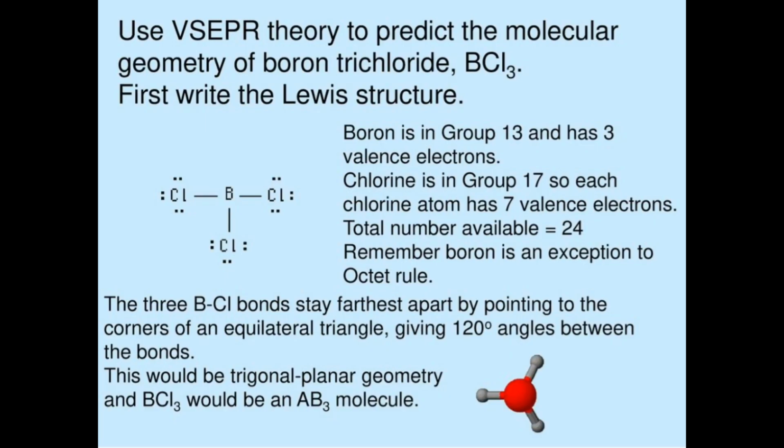This is how we can draw it to make them stay further apart. So this gives a trigonal planar geometry, and BCl3 will be an AB3 molecule. This is how you can use VSEPR to explain the molecular geometry of BCl3.